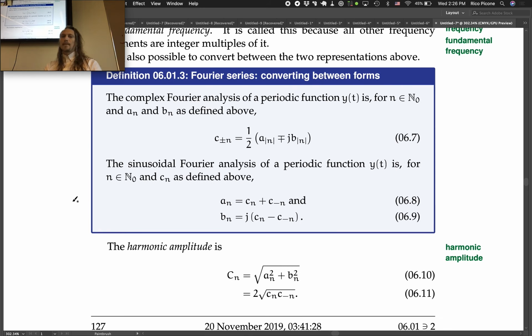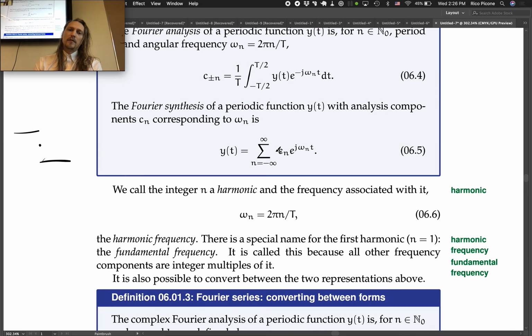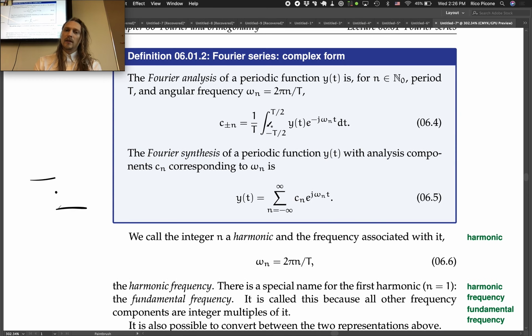Is in 6.8 and 6.9 where the second term is c sub negative n, is that like approaching c from the negative side of things? No, so we actually had negative indices in the 6.4 here. So for the complex representation here, we have n equals 1, n equals minus 1, n equals 2, n equals minus 2.